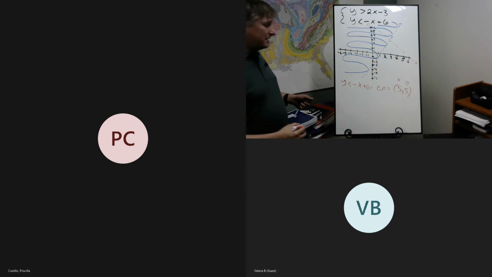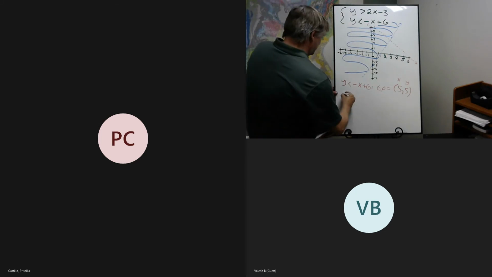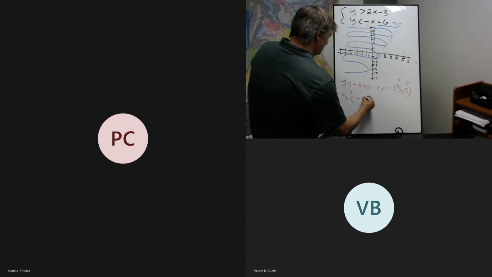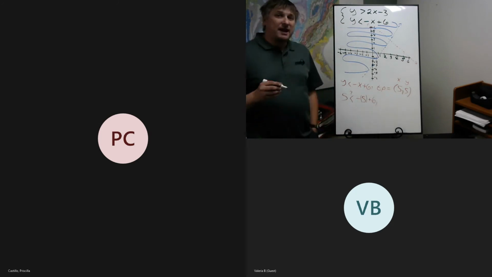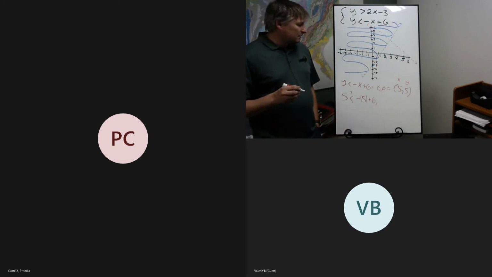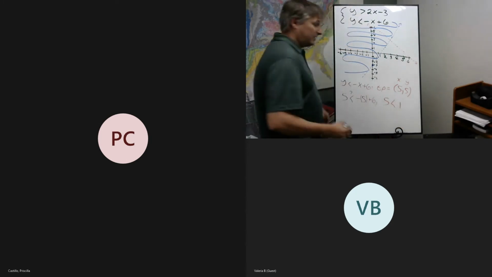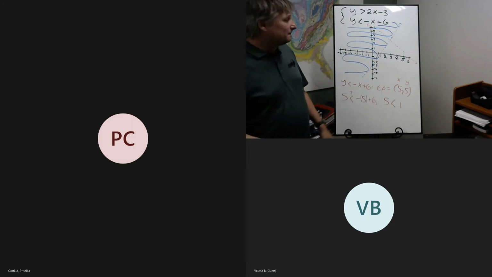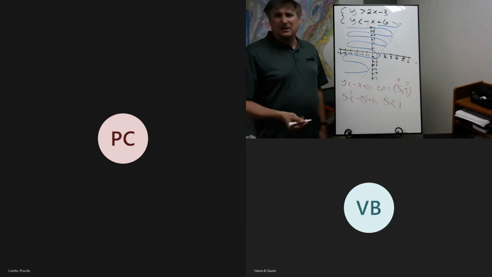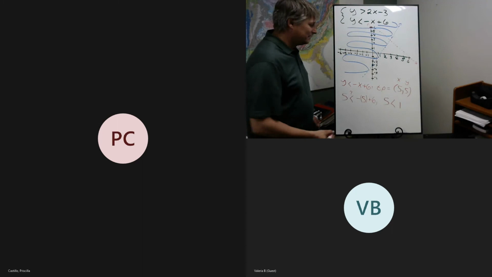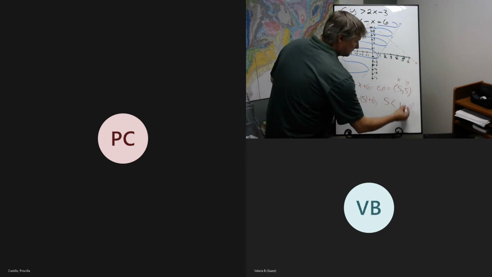Now, if we plug these in, is 5 less than -5 plus 6? Is this in fact true? Well, simplifying, we get this kind of statement. 5 is smaller than 1. Well, 5 is not smaller than 1, no way. So this is false.